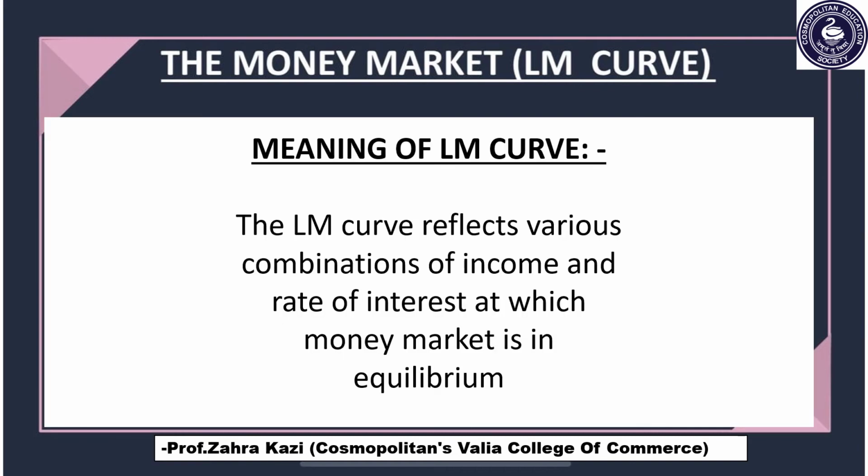The meaning of the LM curve, this is a very important statement, students, which you will necessarily have to write in every question asked on the money market or LM curve. The LM curve reflects or shows various combinations of income and rate of interest at which the money market is in equilibrium.